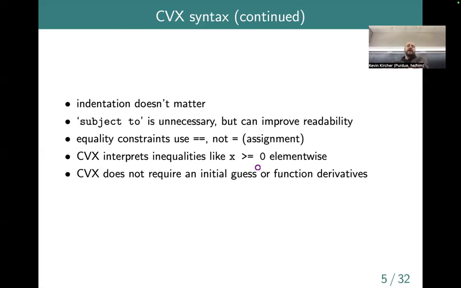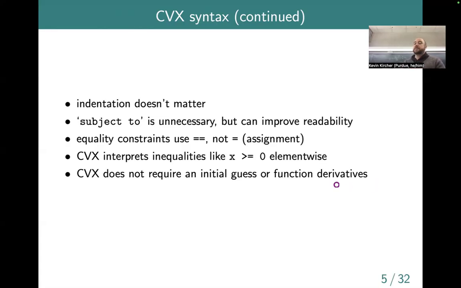If you haven't worked with optimization tools before, it's maybe not clear why this is an advantage, but a lot of solvers require you to specify an initial guess. You say, here's my problem, and I think a pretty good starter solution might be this. They might even require that your initial guess is feasible, which means solving a feasibility problem, which can be quite challenging in and of itself.